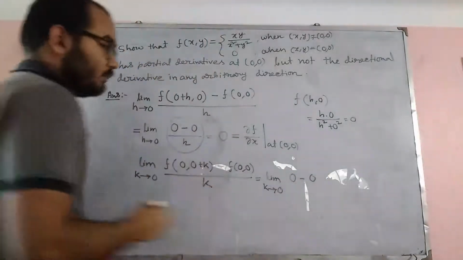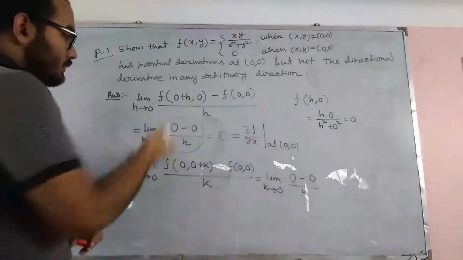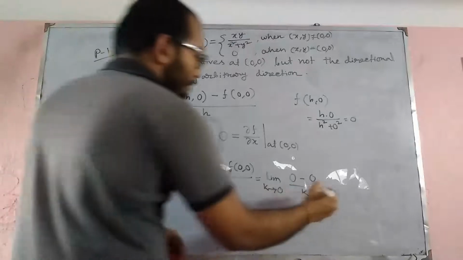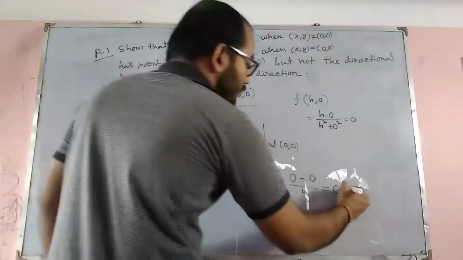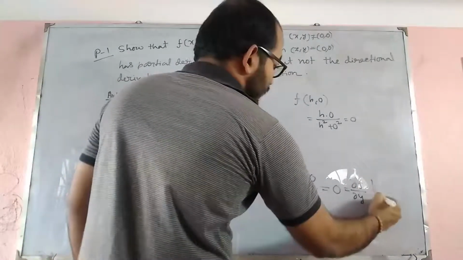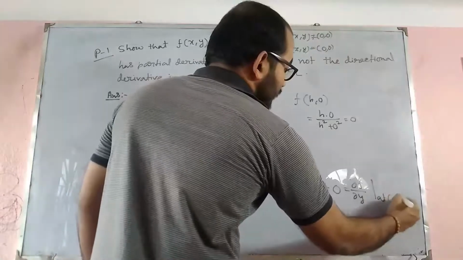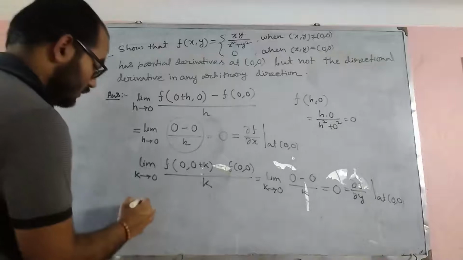F of 0, 0 is 0. Okay. Similar to this method, this is again 0. So both our partial derivatives exist at 0, 0. Okay.